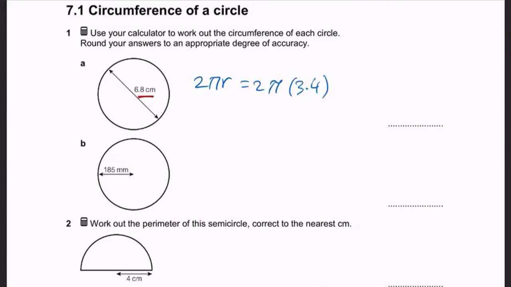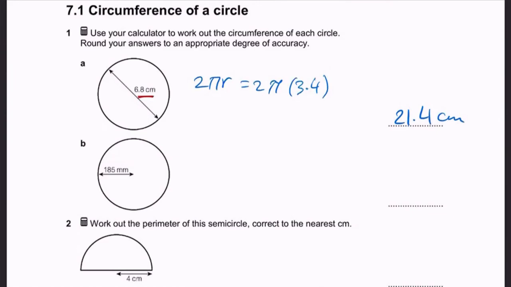Okay, so let us go to the calculator: 2 times pi times 3.4 equals 21.36, so 21.4 centimeters.